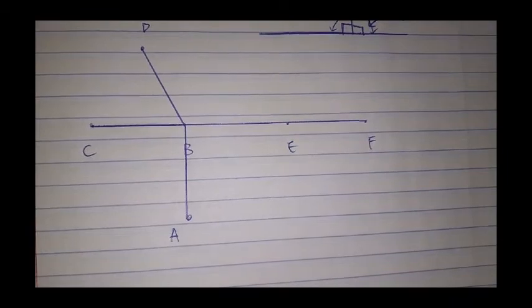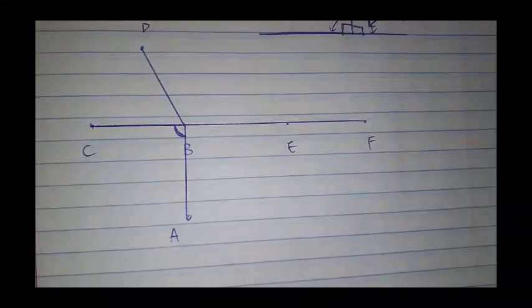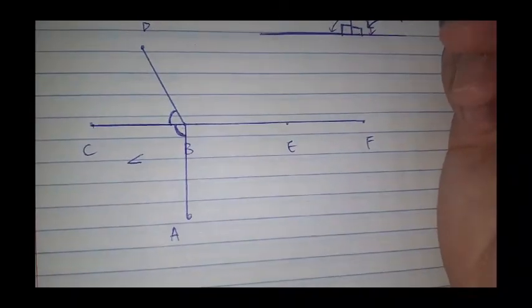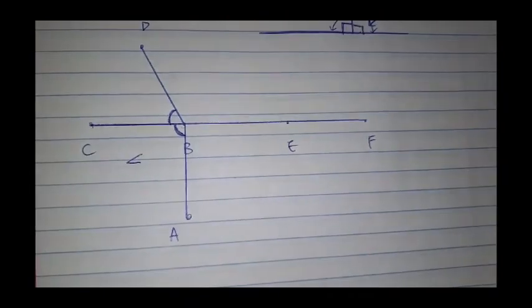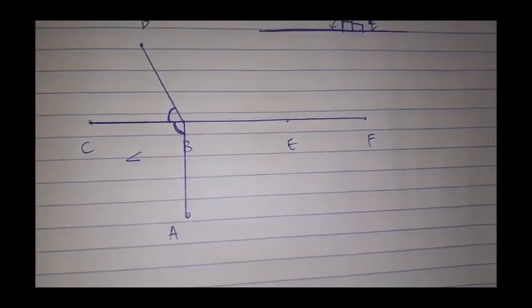If I look at the angle A, B, C, this angle over here, and if I look at the angle C, B, D, this angle. Whenever you notate an angle, we have to use three letters.